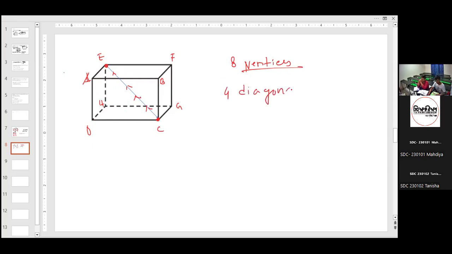How many diagonals does a cuboid have? 4 diagonals, like F and D, like H and B, and like G and H. All 4 diagonals intersect in one single point.